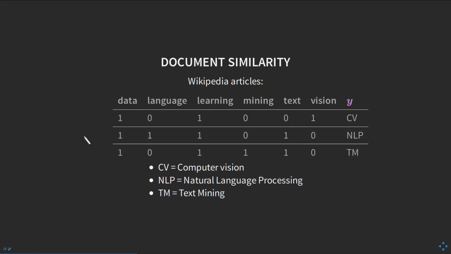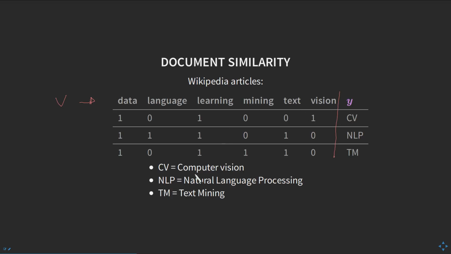So now we have this binary representation of language, basically of text data. We can look at a bit more interesting example where we have 3 Wikipedia articles. Here is the vocabulary, so we have data, language, learning, etc. And then here's our target, which is a label for the topic that the article is on.